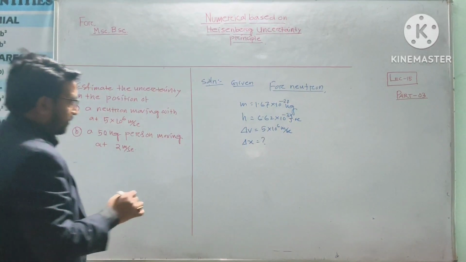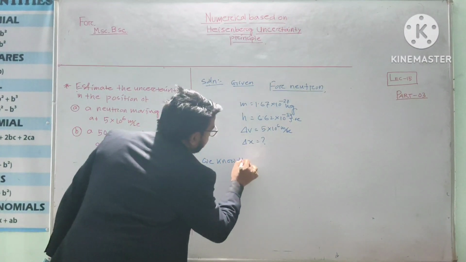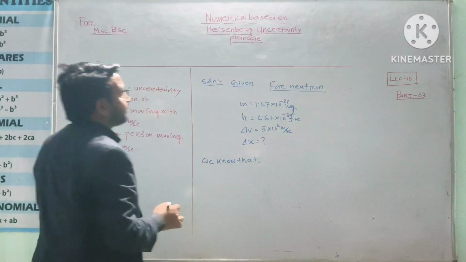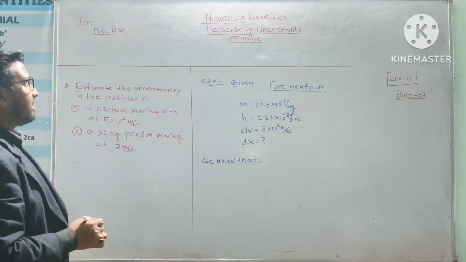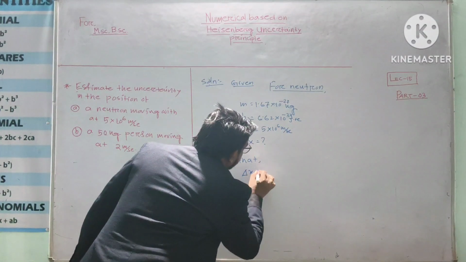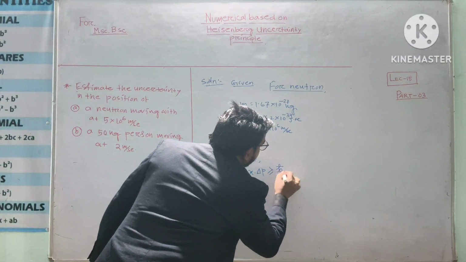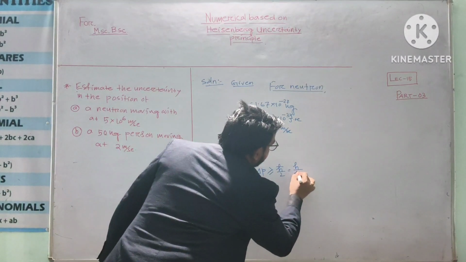Okay, so we know that by using the Heisenberg uncertainty principle, delta x into delta p is greater than or equal to h bar by 2, which equals h by 4 pi.